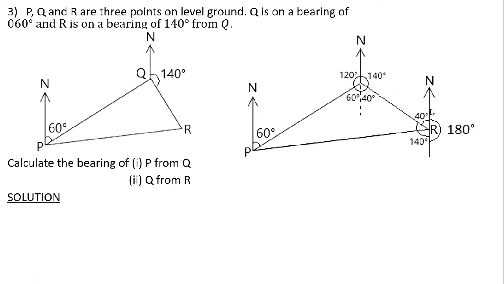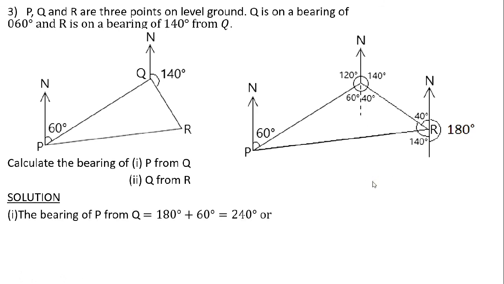Then when we go on the other side, alternate angles are equal. If that is 40 degrees, it means that is also 40 degrees. If that is 140 degrees, it means that is 140 degrees. Then a straight angle is 180. So the bearing of P from Q, it means we are standing at Q. It will be 180 degrees plus 60 degrees, or 360 degrees minus 120 degrees.